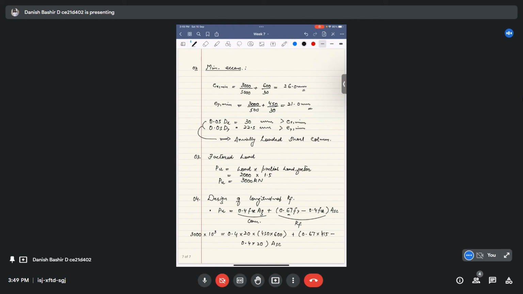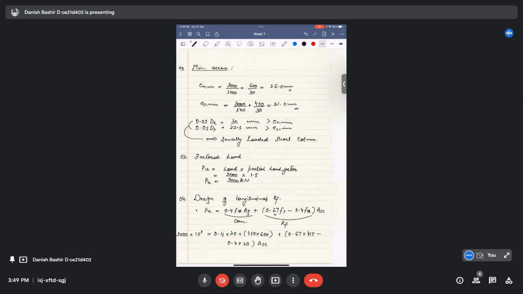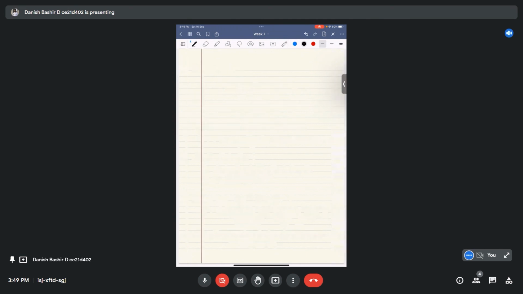When we solve this for Asc, it comes out to be 3111 millimeters square.